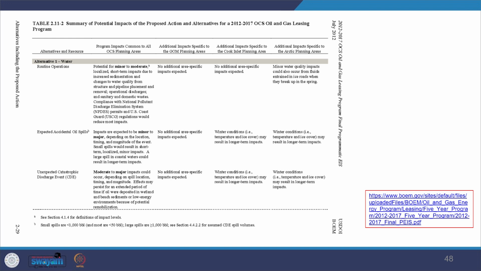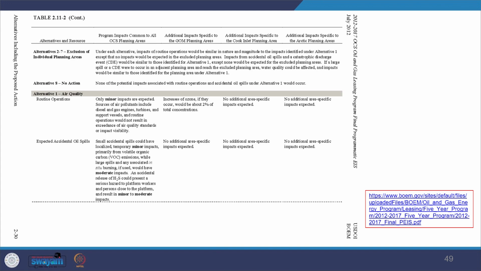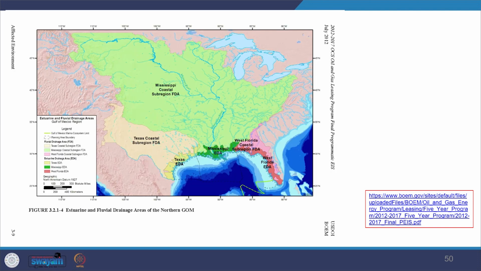And then what kind of impact it might have on specific areas, the areas which they have identified. So with that, for alternative 1 for water, and they are looking at alternative 1 air quality, and so on, all the aspects, the factors they have identified. So they're going to look at all the alternatives for all the factors here. So you think about how intensive the report is. So I'm going to skip that.